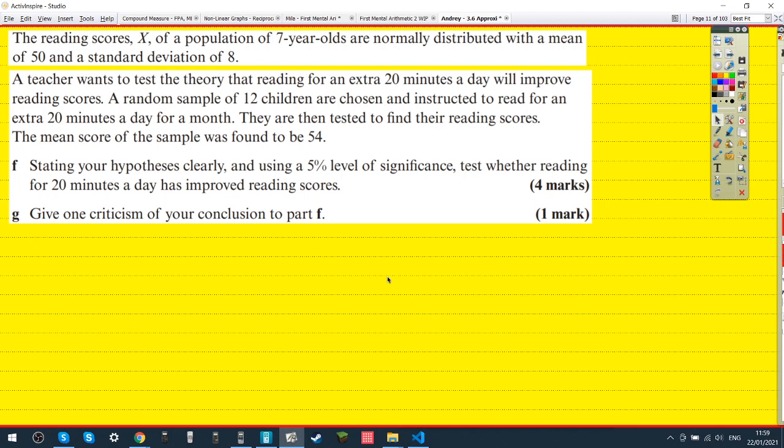So the first thing we're doing is putting mean 50 and then 8 squared after. Yeah. So x is normally distributed. Mean is 50. Variance is 8 squared.